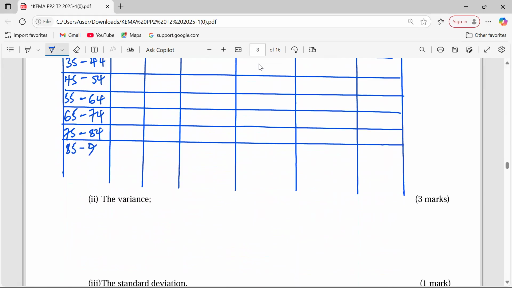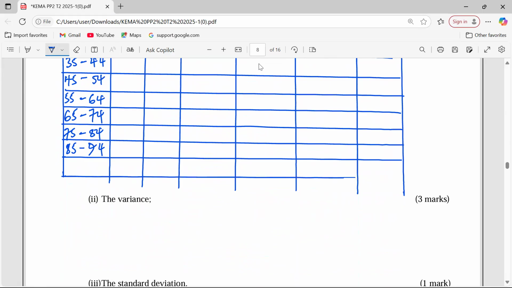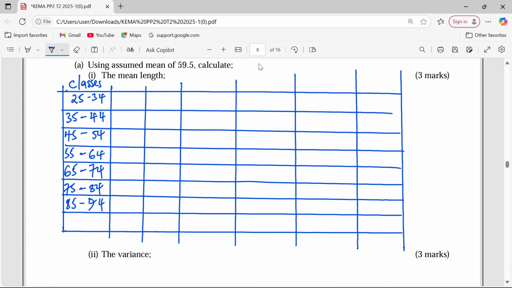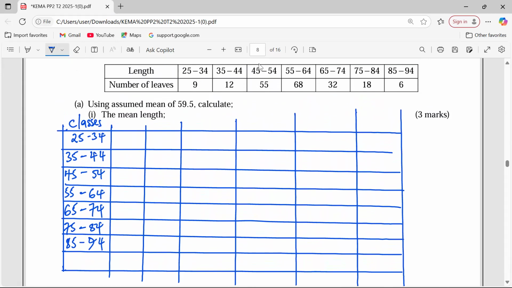So these are now the classes. There are a lot of quantities to be calculated here, and I want you to follow through very keenly. The frequencies, which is the number of leaves, are already there.